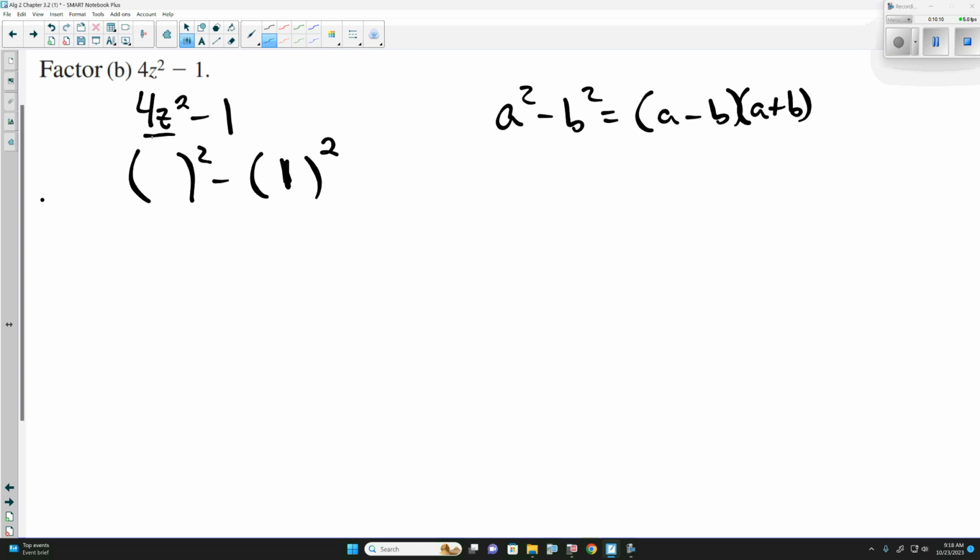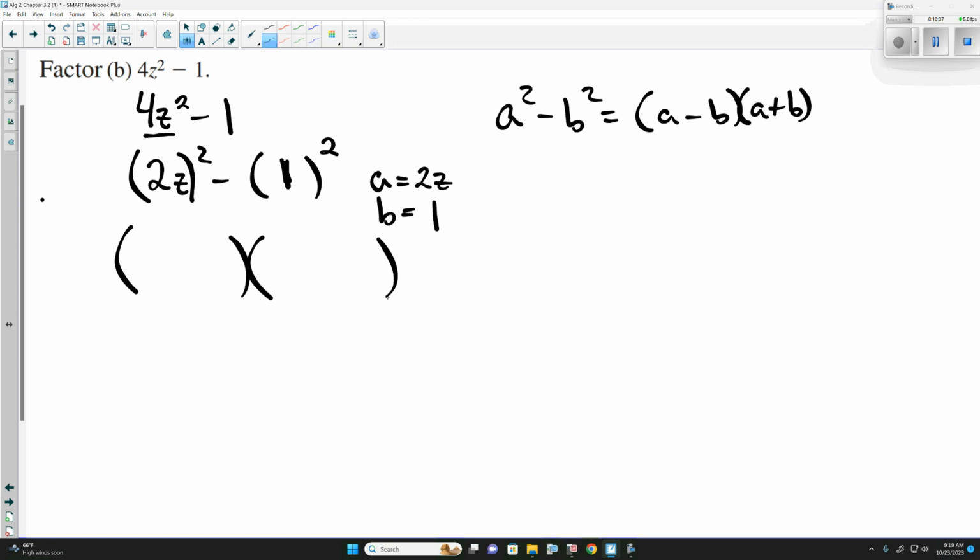Exactly, because for 4z squared, we're trying to see what times itself is 4z squared. Well, the z squared would just be z. And what times itself is 4? 2. 2z times 2z is 4z squared. So our value of a in this case would be 2z, and the value of b is 1.